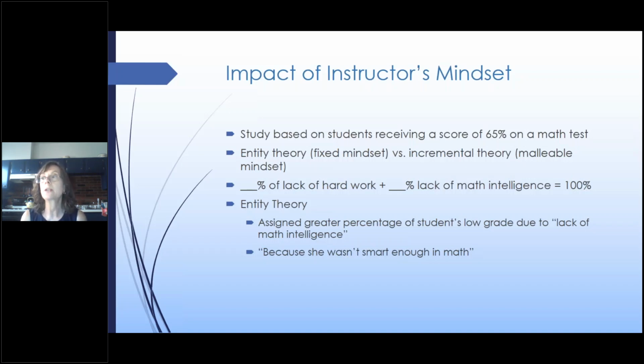So the instructors were asked to assign a percent that they thought was due to lack of hard work and the percent that was due to lack of math intelligence, so that it equals 100%. The study found that those instructors with a fixed mindset assigned a higher percentage to the lack of math intelligence. The thought was that the student wasn't smart enough in math, even though the student might have been working very hard.